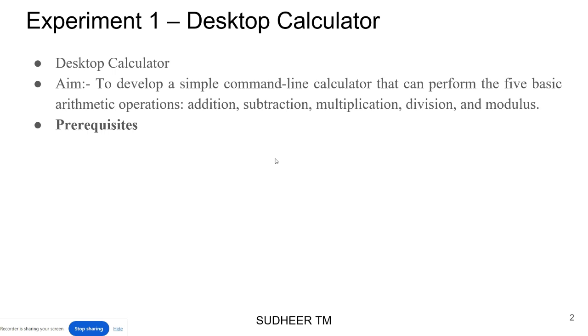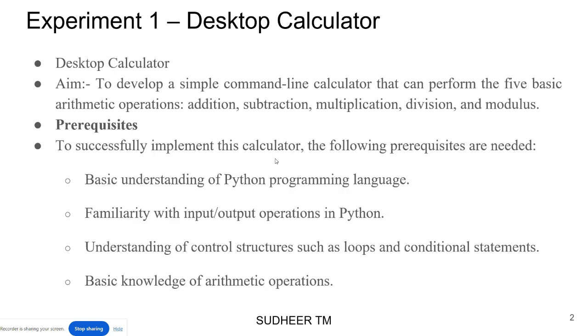Prerequisites you need to write in your report to successfully implement this calculator. What do we need to know? Basic understanding of Python programming language. Hope you already have familiarity with input output operations in Python, what we discussed in the previous classes. Understanding of control structures such as loops and conditional statements. Hope you will get the idea while we discuss this.